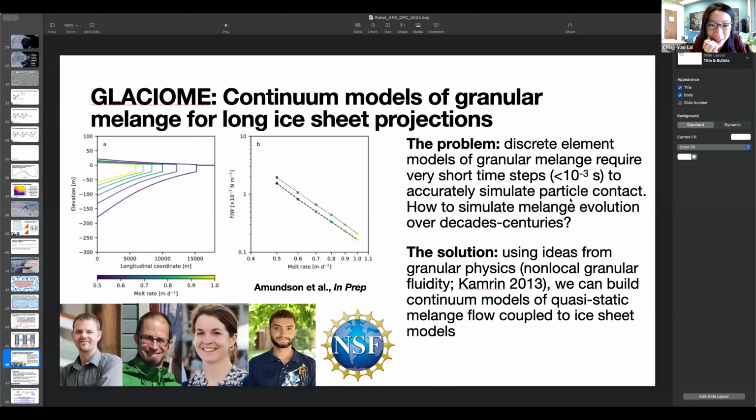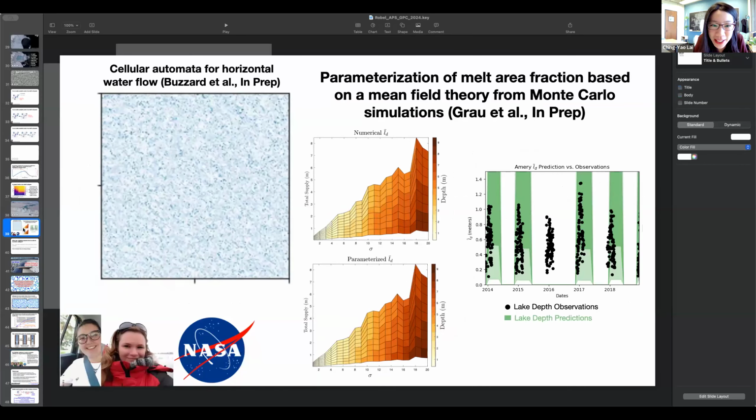Because this seems to be a big missing component. People haven't been able to incorporate this idea of timescale of ice shelf collapse into a realistic ice sheet model.